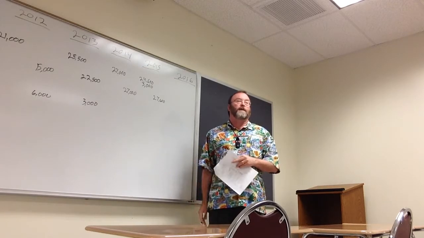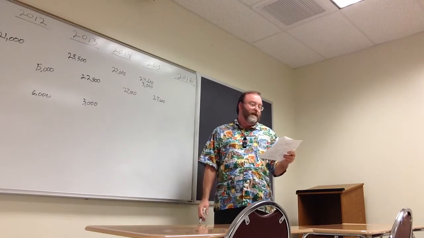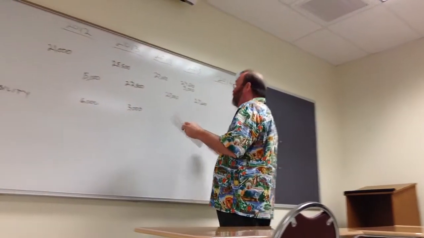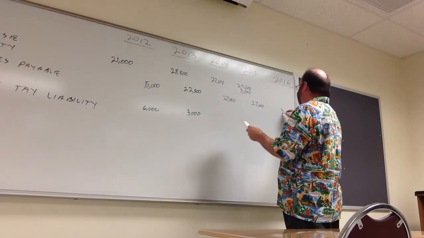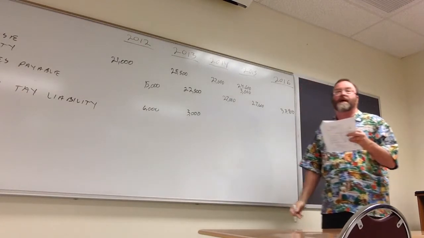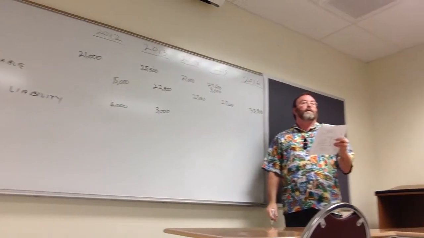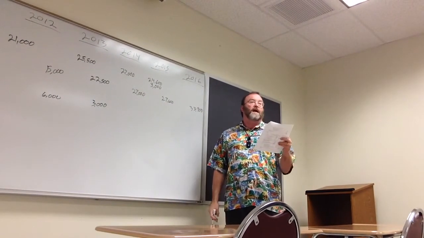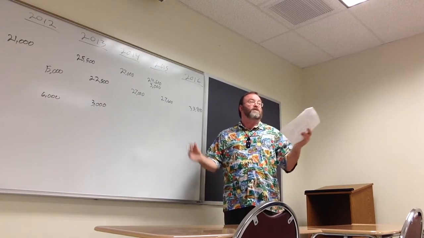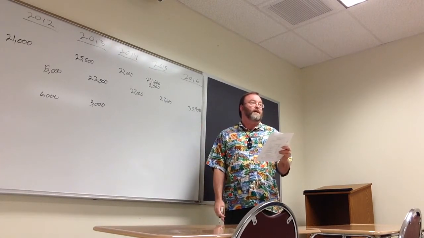So what's going to happen in the final year? The final year, our taxable income is $113,000 for $33,900 in income taxes payable. Financial income is $93,000, a difference of $20,000.